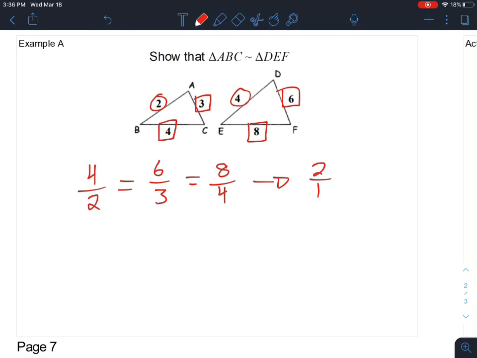So since all 3 of them have a scale factor of 2, that proves that these 2 triangles must be similar. And our reason is that we showed all 3 sides of each triangle have the same ratio, so this one is similar because of side, side, side.